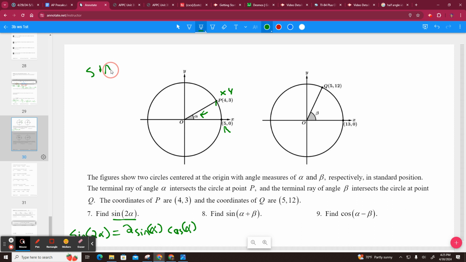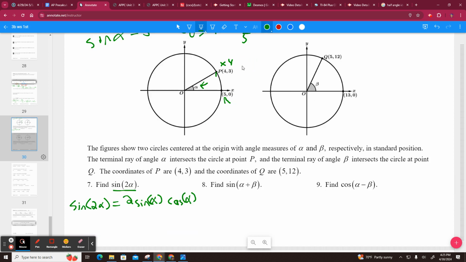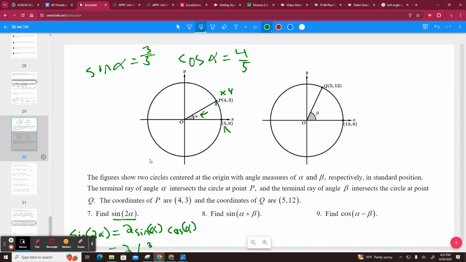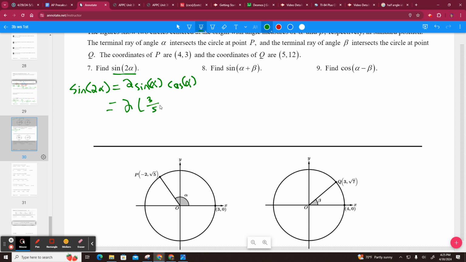So sine of alpha is just 3 over 5, and cosine of alpha is going to be x over r, which is 4 over 5. So that's helpful to just have that handy. So that's 2 times sine of alpha, we said was 3/5, and then 4/5. If I multiply all that together, that's going to give me 24 over 25.